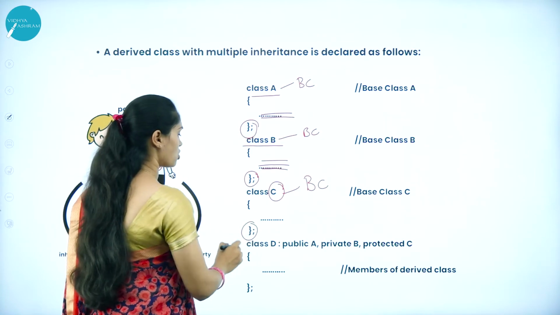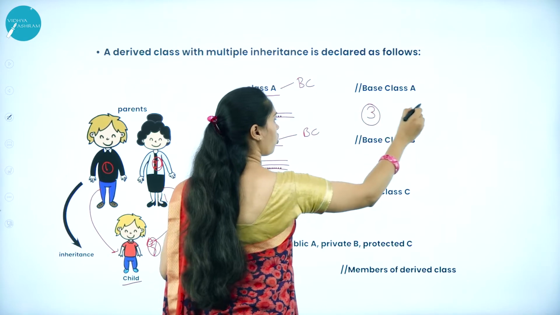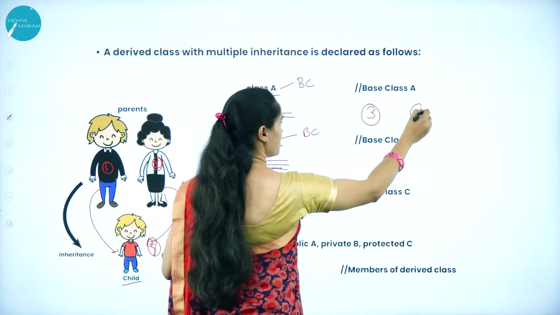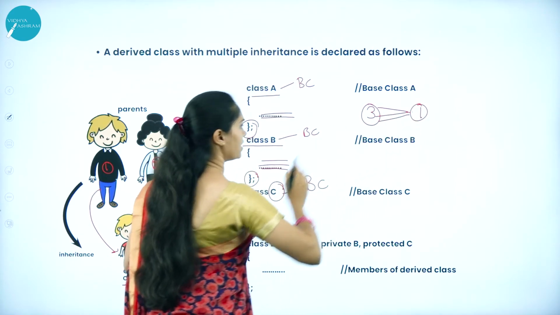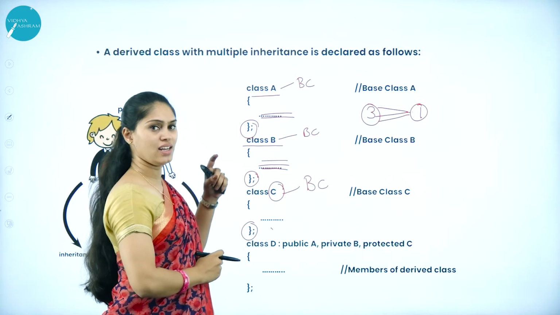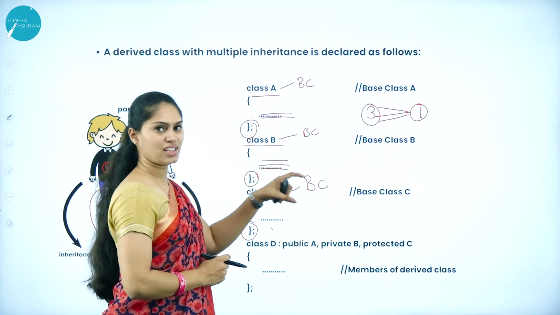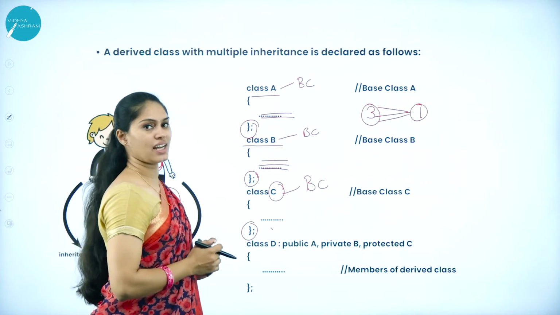I am going to close the scope of class C. So totally I have 3 base classes but only 1 derived class. This one derived class is going to have the features or characteristics from all the 3 base classes. That kind of inheritance is nothing but multiple inheritance.